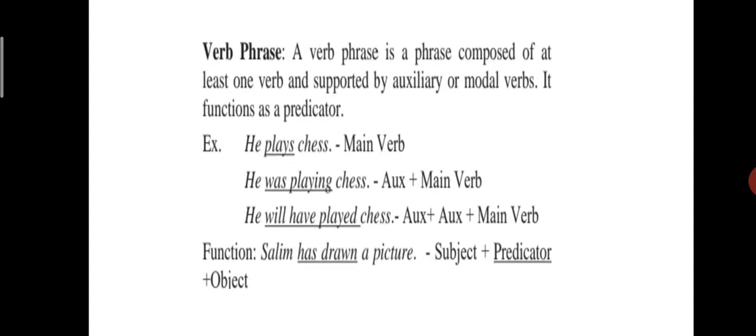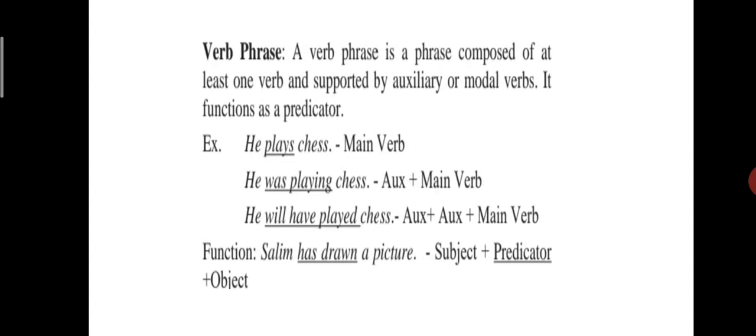Salim has drawn a picture. Salim is the subject, has drawn is the predicator, and a picture is the object. In this way, we can understand the function of the verb phrase. It is a predicator for subject and object.